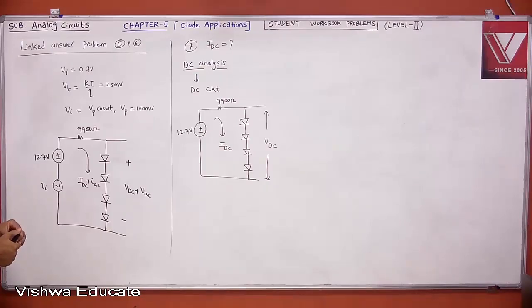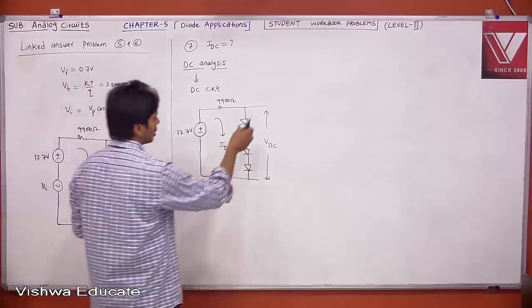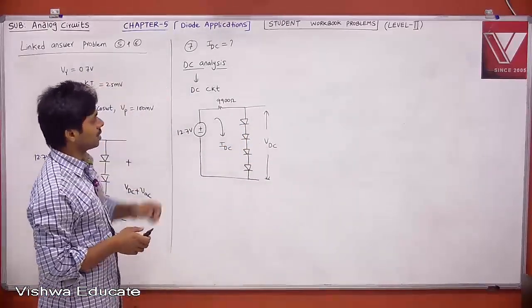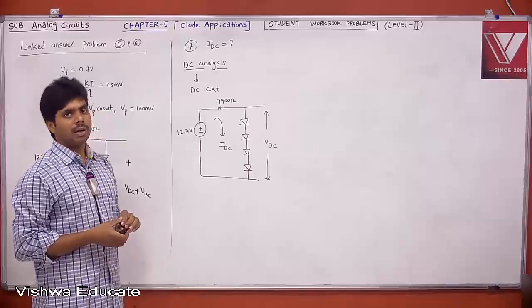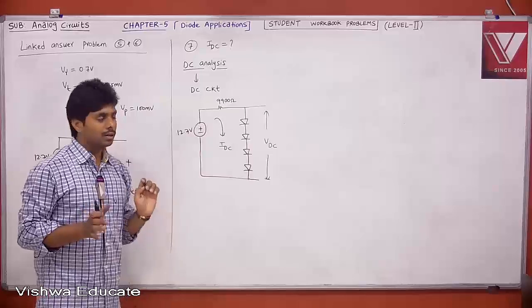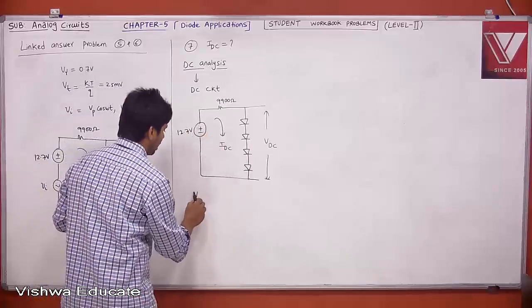Strictly speaking, the PN junction diode should be represented with V gamma, which is 0.7, and then an on resistance. That on resistance will be very small, and you can ignore it with respect to 9900.